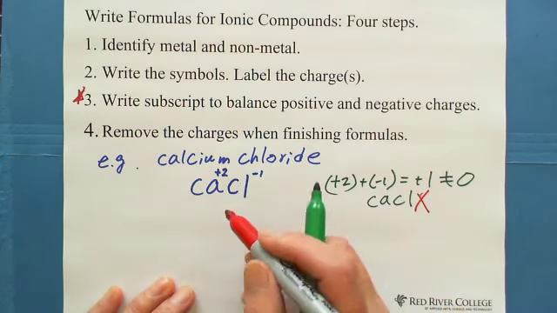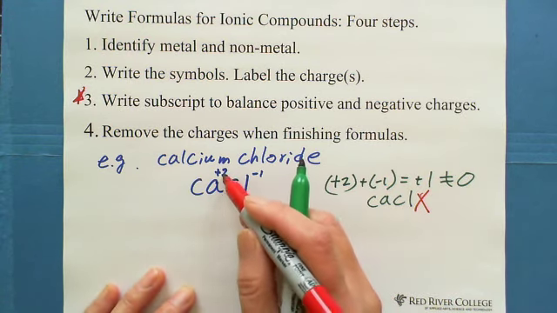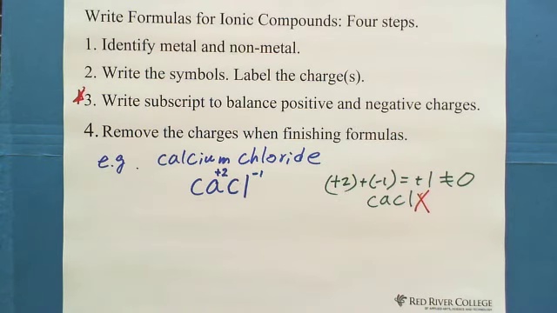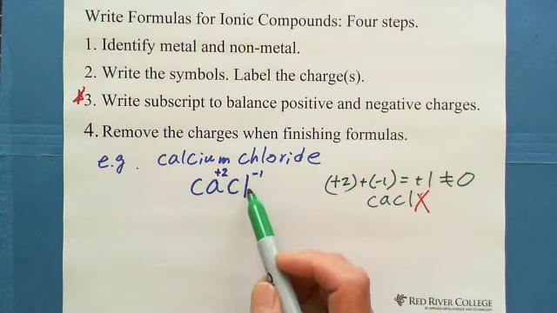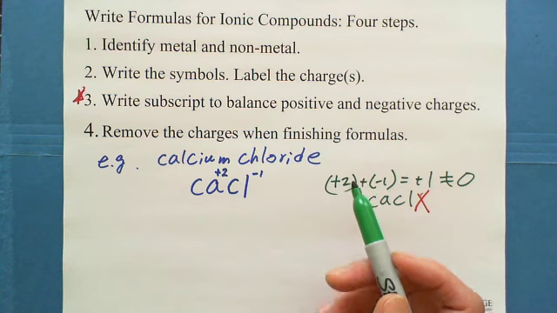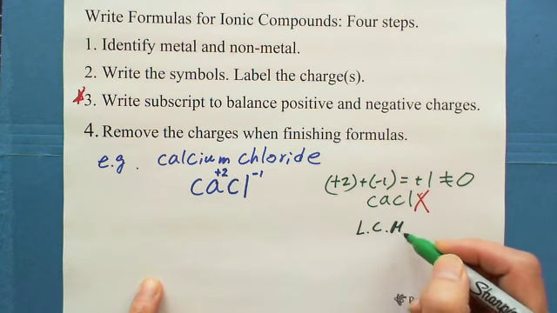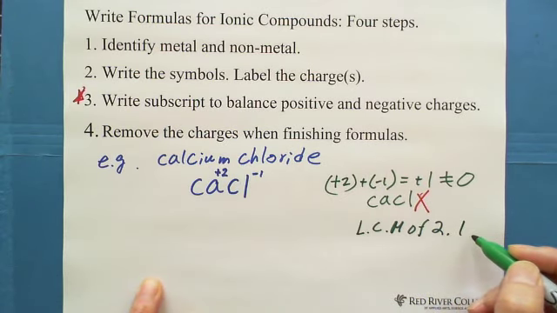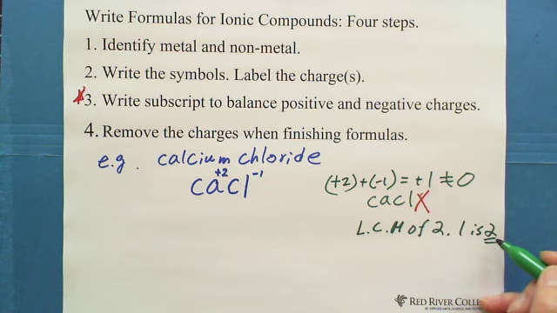After you write the subscripts, the total positive charge has to be equal to the total negative charge. For 2 and 1, the least common multiple is 2, just like you find the common denominator.